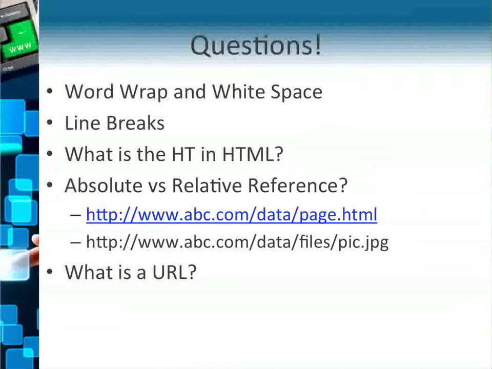You may have thought about /files/pic.jpg, but that won't work because that will take it to the root. So where's the root? It's right before the slash. When you see the .com/, the root starts there. So we see the root, then there's a directory called data, and then there's a subdirectory called files, and then there's pic.jpg.